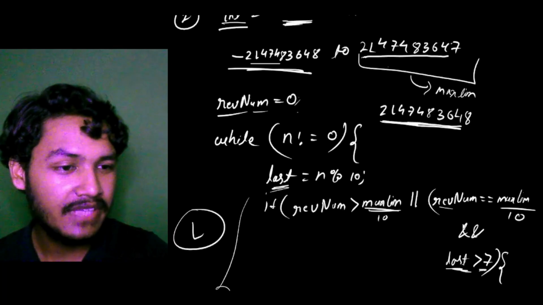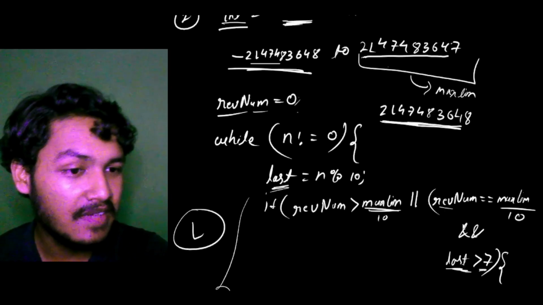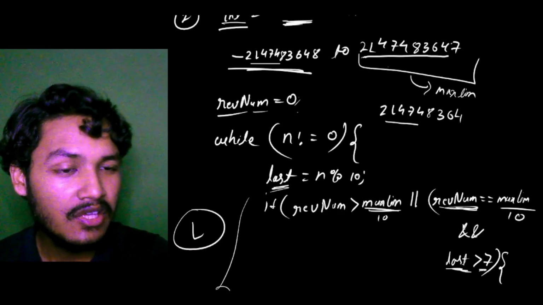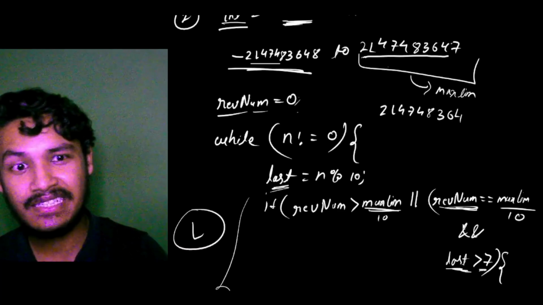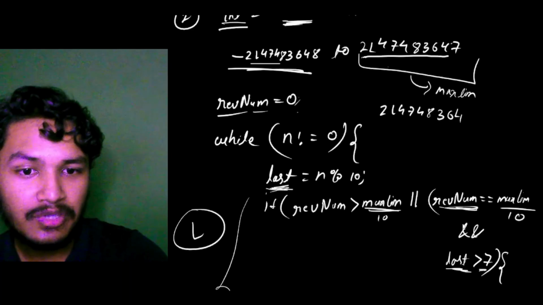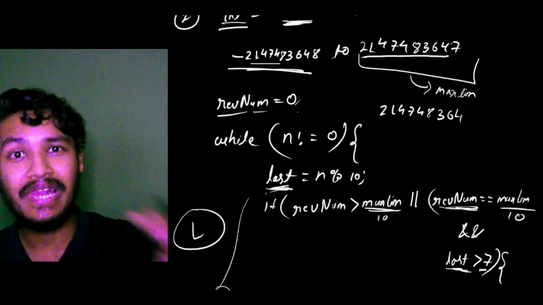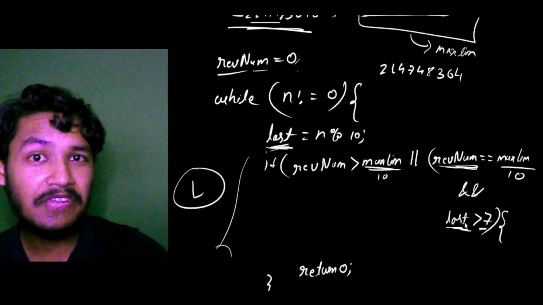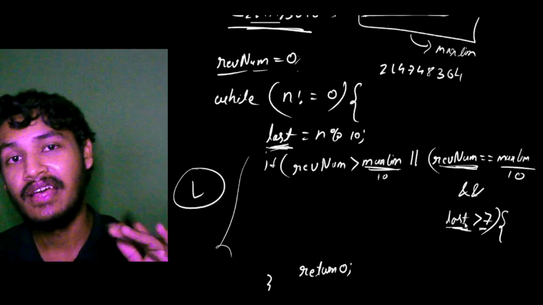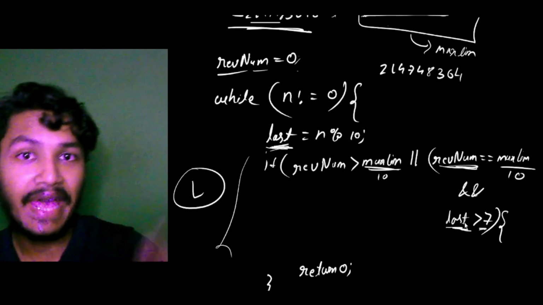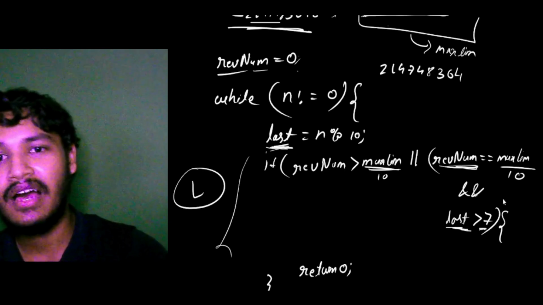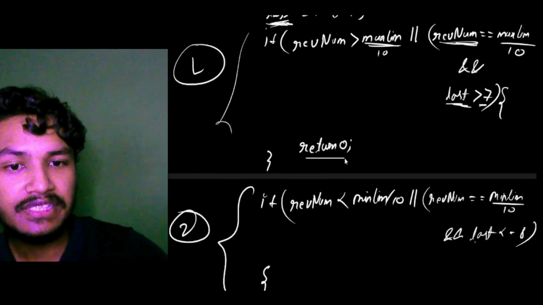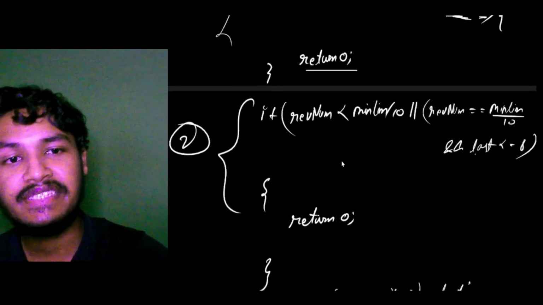So this variable should contain a value less than or equal to 7. If the value is greater than 7, the answer will exceed the range which the integer data type cannot hold, so we will return 0.